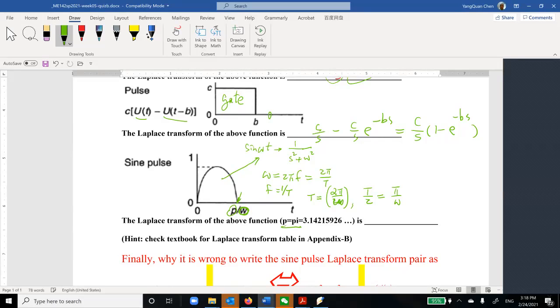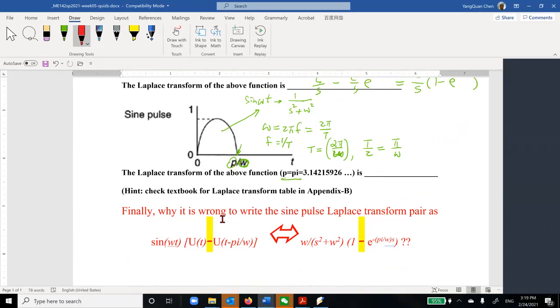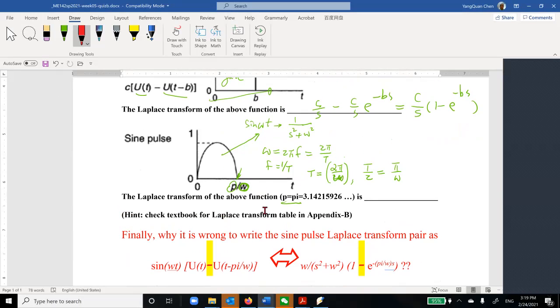So the Laplace transform of that one, if we follow the gate like this, I simply say, because sinusoid, this is a Laplace transformation pair, right? But remember, you also need to put the omega in here.